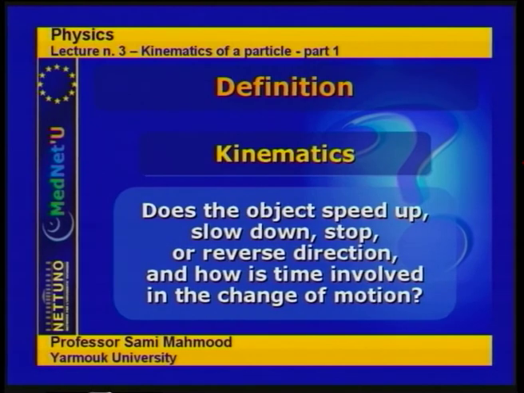Is it changing how fast it is moving? Does it move in a certain direction and keeps that direction of motion? Does it change that direction of motion? All of that is involved in what we call the description of motion, or this branch which we call kinematics.